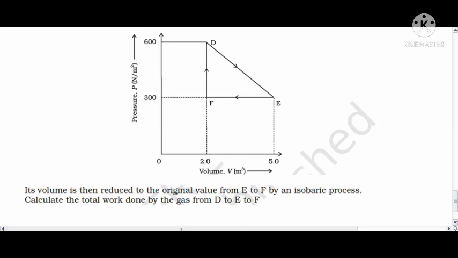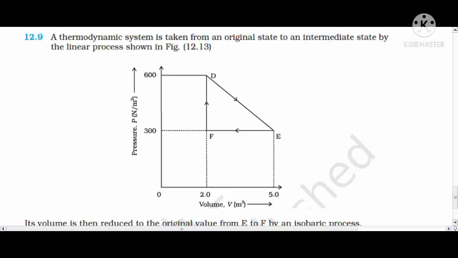Calculate the work done by the gas from D to E to F. So it is a cyclic process, and the work done is obtained from the area of the cyclic process. Work done is equal to area of the loop in a cyclic process.